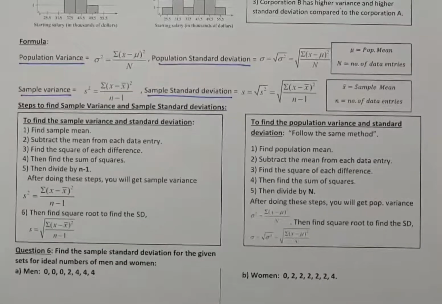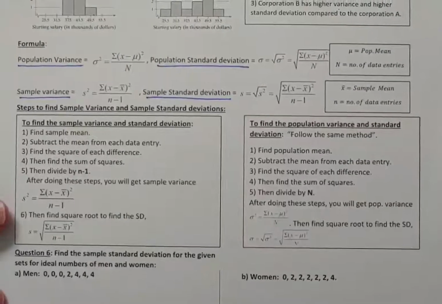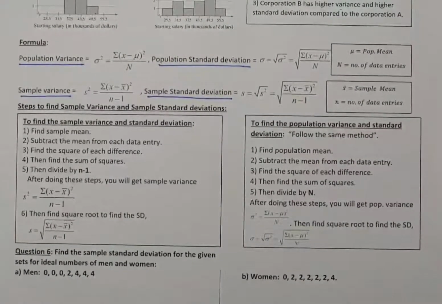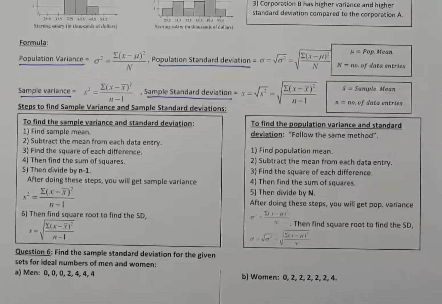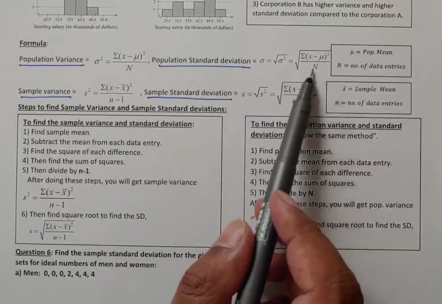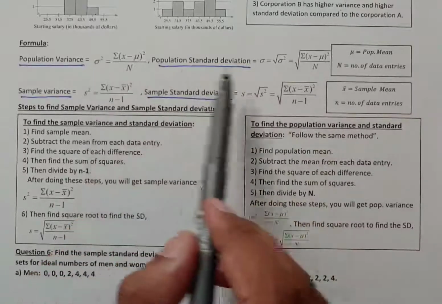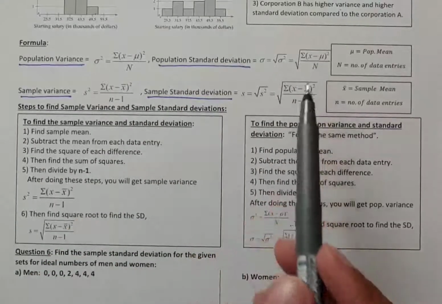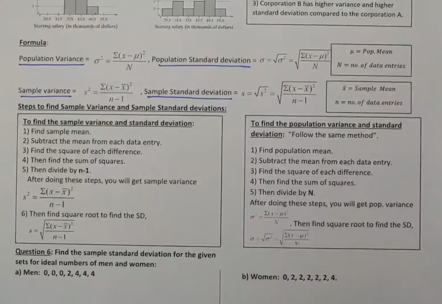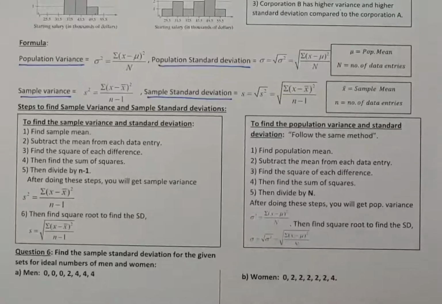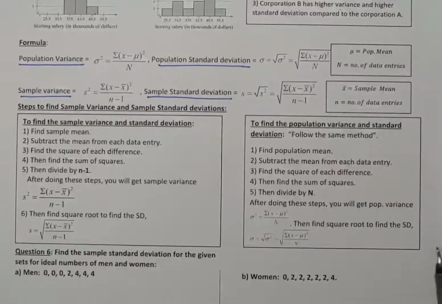If it says this is a population and asks for the population mean or population standard deviation, then we use n and the sigma squared and sigma formulas. Otherwise, we understand these are samples, so we find the sample mean and sample standard deviation.